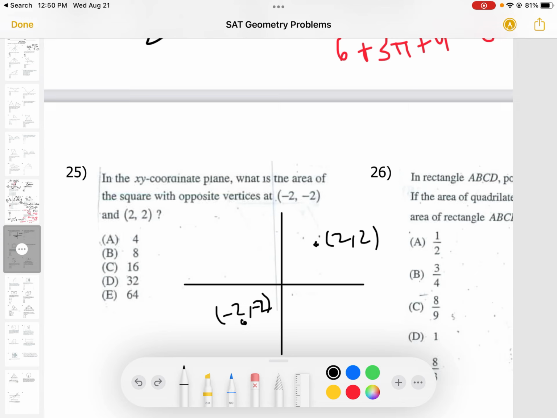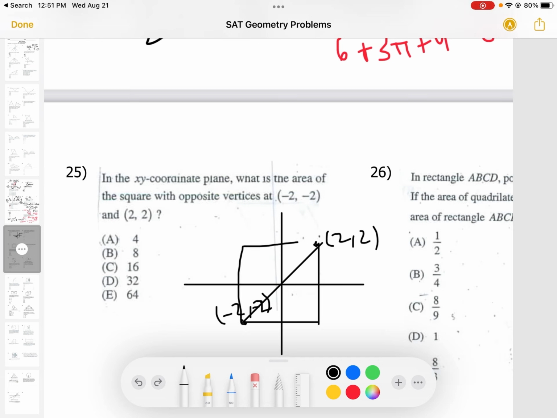And it says we have a square with opposite vertices, right? That are on this segment. So that means the line I just drew is a diagonal. So we could draw the square.